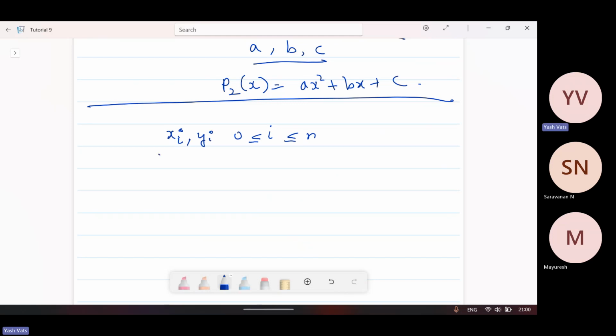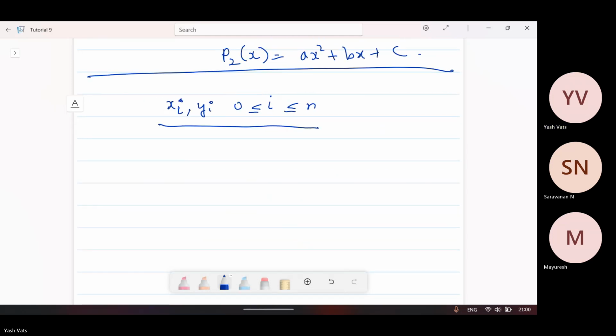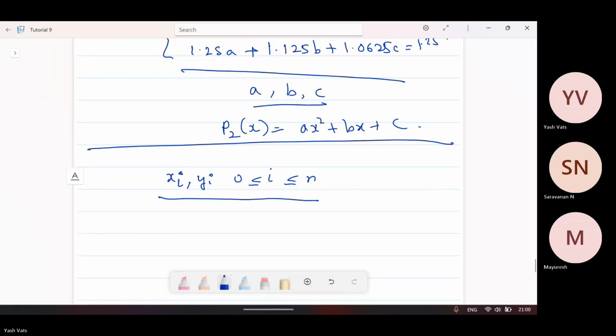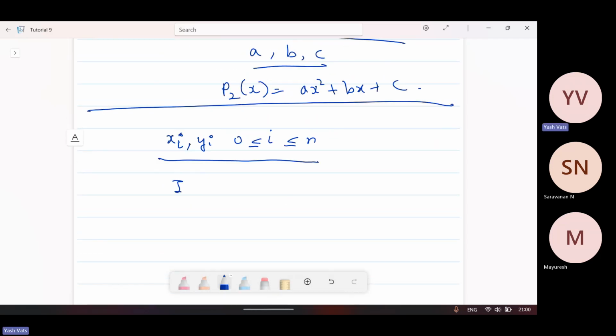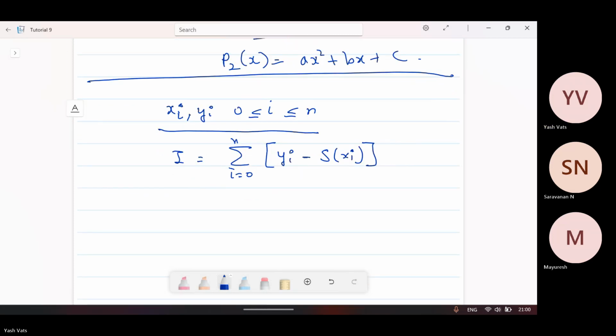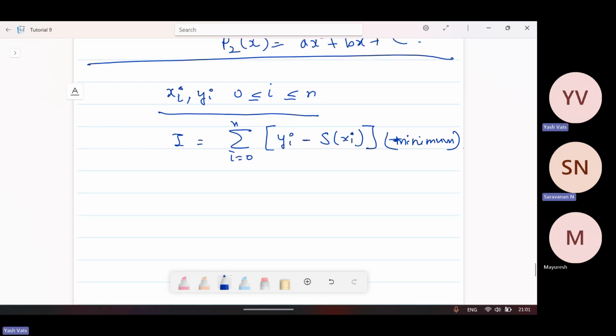Then we consider this sum of yi minus S(xi), which is just a function, and it should be minimum. Your S(xi) is any function.